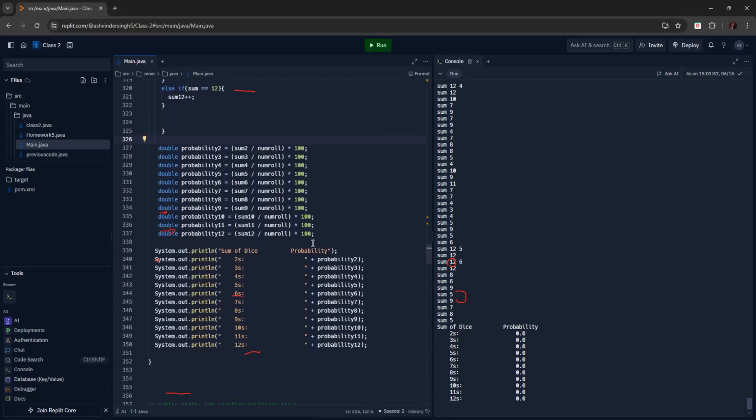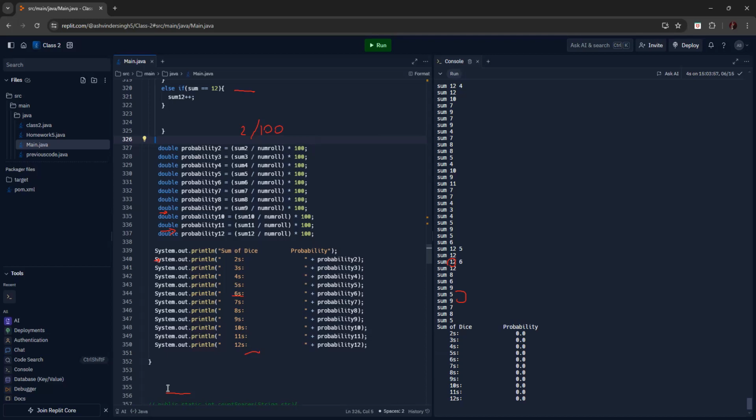Look at here. When you divide sum by the number of rolls, actually this is an integer division. Am I right? So if sum is equal to 2 and you rolled 100 times, when you divide 2 by 100, what is the result? You get 0.02.